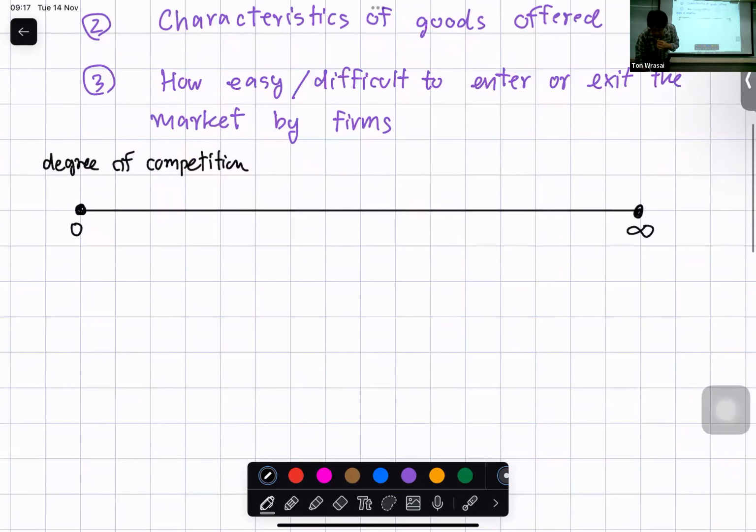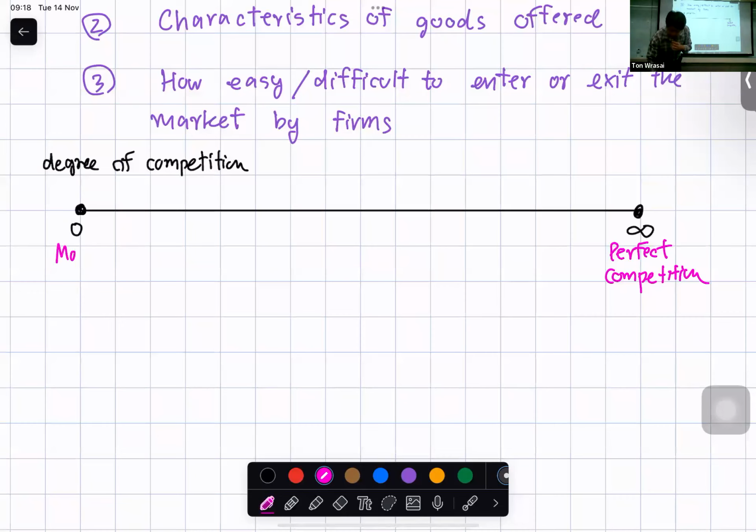We will write down this term, perfect competition, แข่งขันสมบูรณ์, and on the left-hand side we have monopoly, ผูกขาด. Monopoly market.